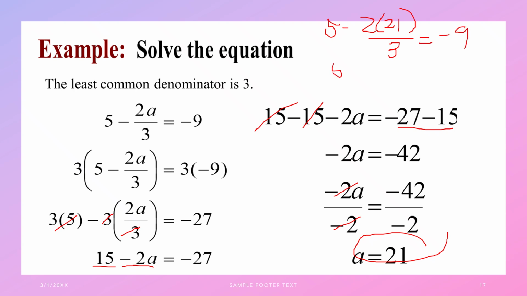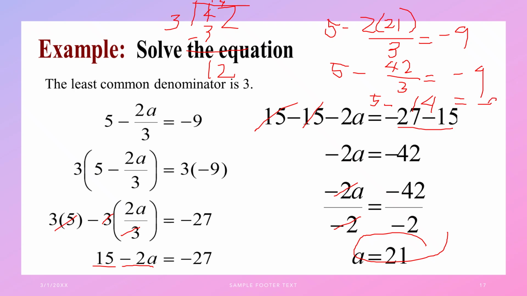So 5 minus 21 times 2, that's 42, so 5 minus 42 over 3. 42 divided by 3 is 14.